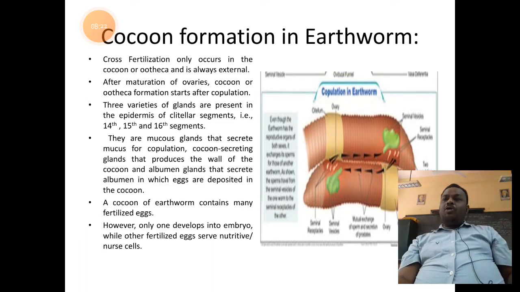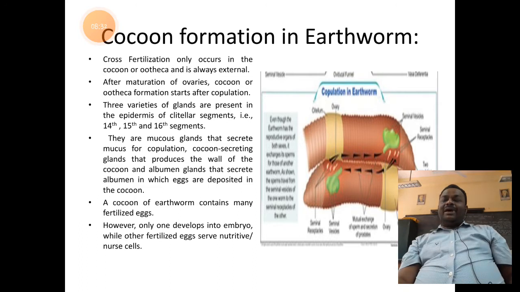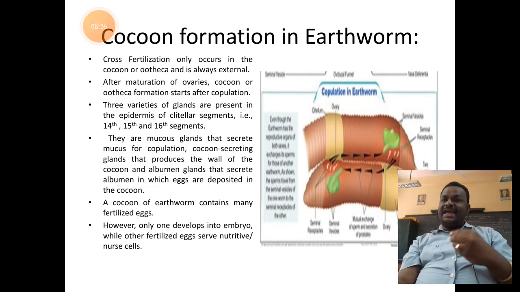The next follows the process of cocoon formation and cross fertilization. As we know, clitellum is a girdle around the segments 14, 15 and 16. It is a reproductive structure having a thickened swollen epidermis, which is highly glandular in nature.